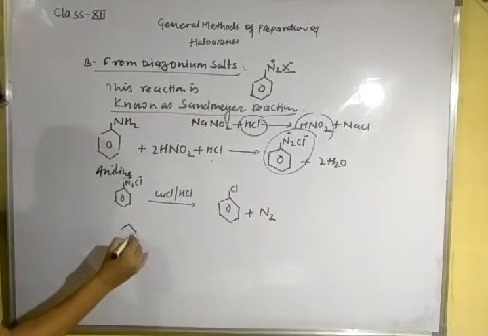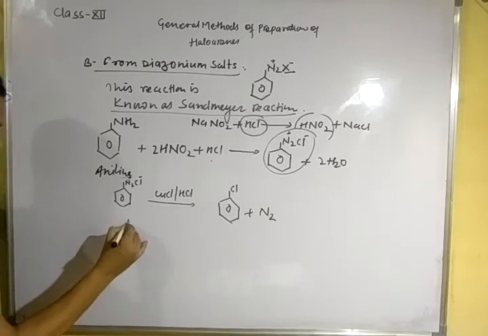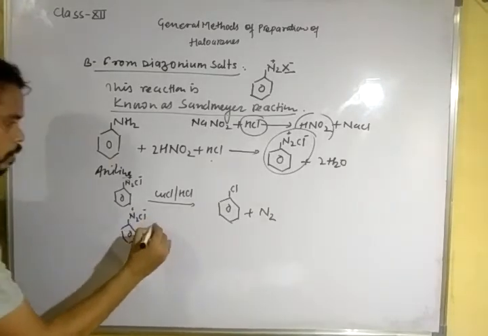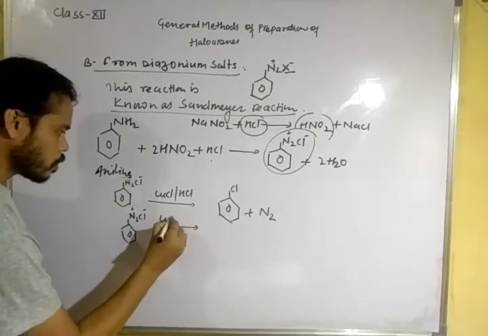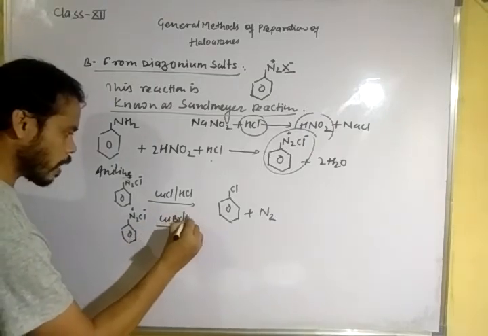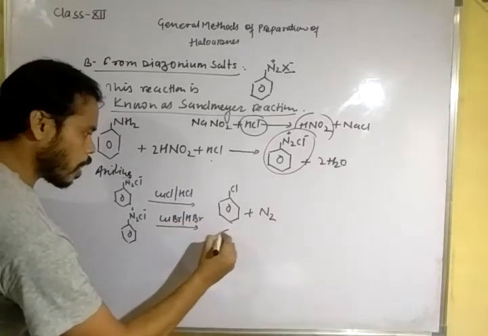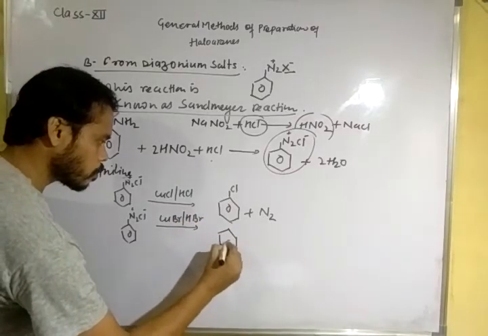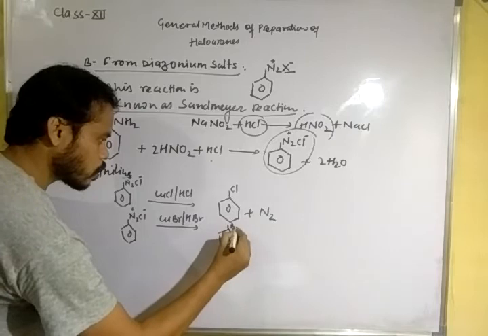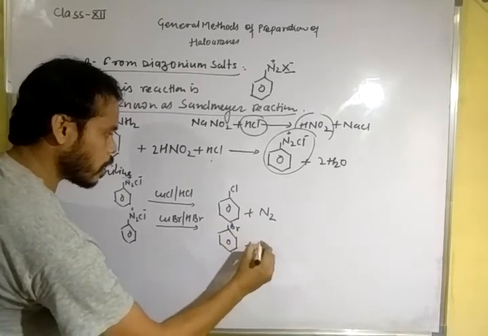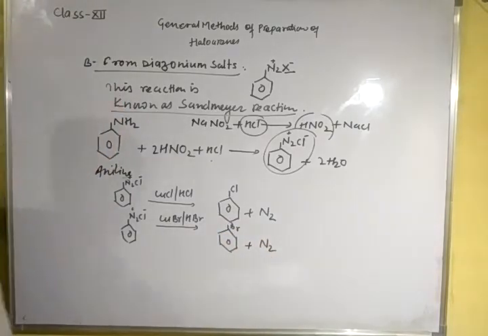And when benzene diazonium chloride is treated with cuprous bromide in HBr, it forms bromobenzene with the elimination of nitrogen gas.